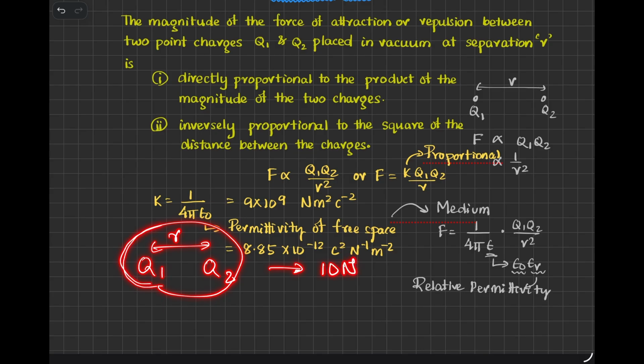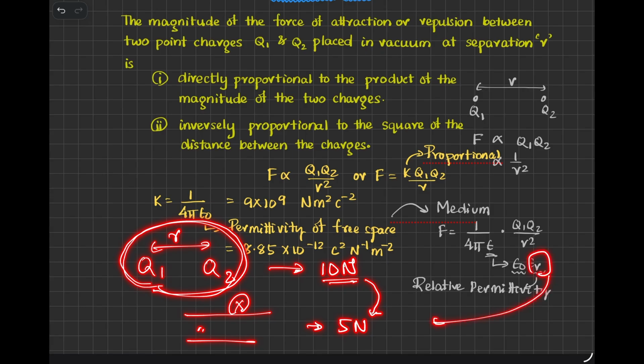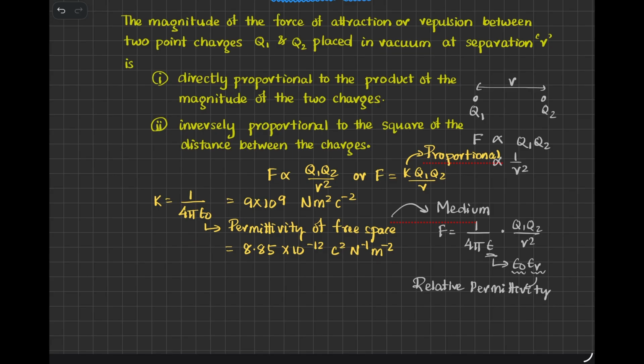Now the entire system, if I put it in a different medium, keeping the magnitude of the charges the same and the distance the same, but instead of vacuum we put it in a medium X, and the force of 10 Newton decreases and becomes, let's say, 5 Newton. So the force becomes half, right? So we say epsilon r of this medium becomes 2. So if epsilon r of the medium is 2, the force will become half.